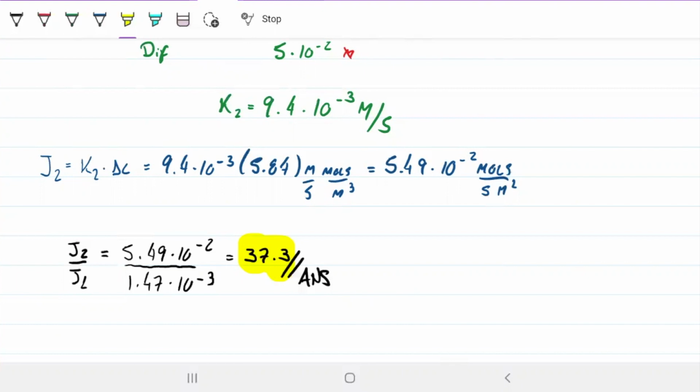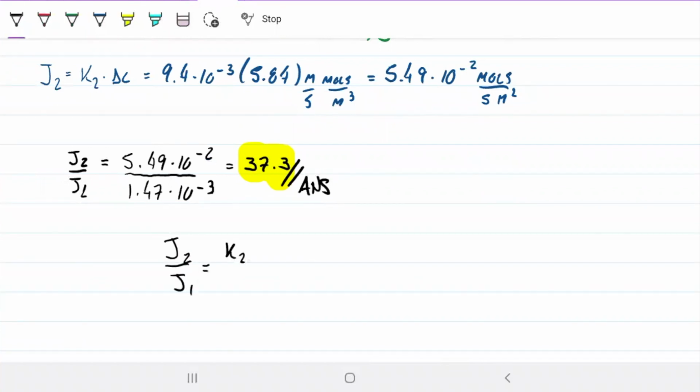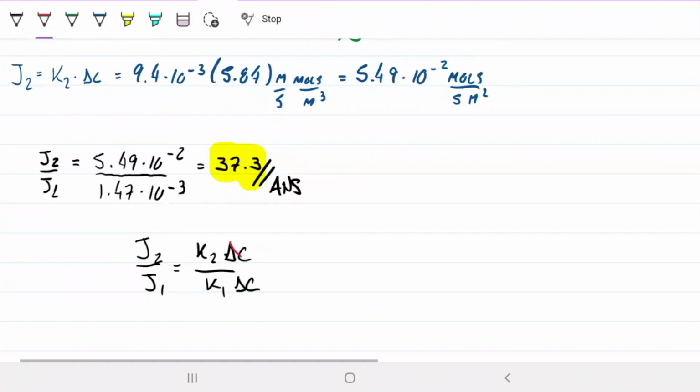What is the other way we could go about this? Well, we can notice the following thing that would happen. J1 over J2, that will be K2 times delta C divided by K1 times delta C, right? Since we're talking about the same concentration in both, these guys go away. So what we could do is instead of them, we could just do the ratio between the two Ks. That's another way to go about it, because we have those two things, right?